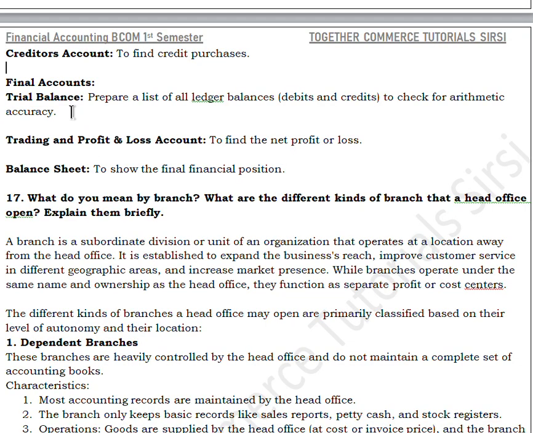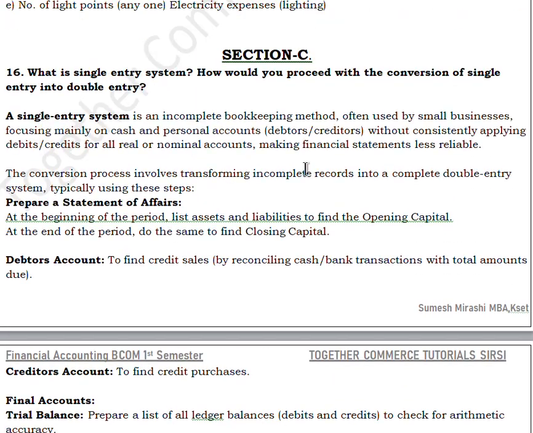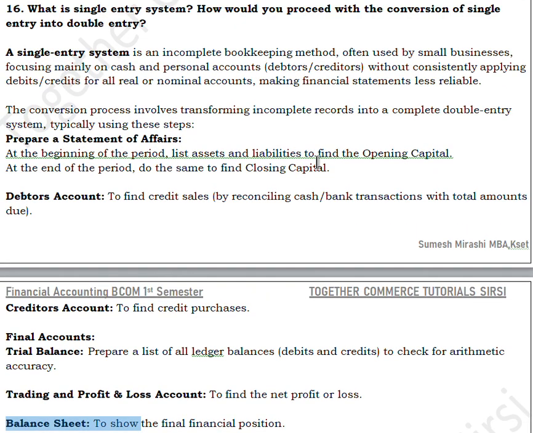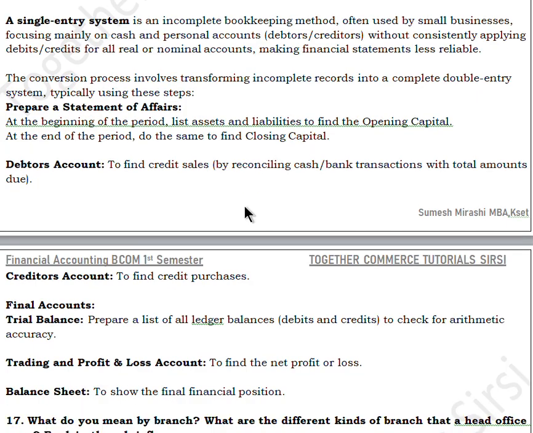Then we are supposed to prepare a trial balance, then a trading and profit and loss account, then a balance sheet, and thus you will convert a single entry to a double entry. I will leave it for you to study, so you can take a screenshot of it and study it later.